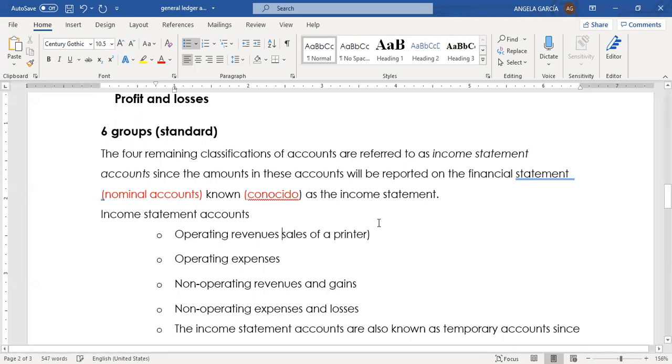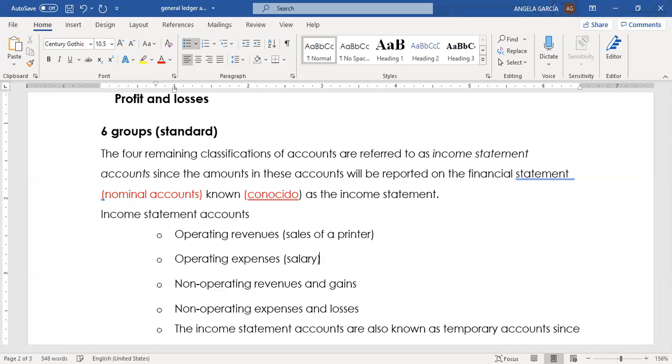And now an operating expense, for that kind of business that is selling and purchasing printers, laptops and computers and those kind of equipment. So an operating expense could be salary. Salary is an operating expense for any type of company.